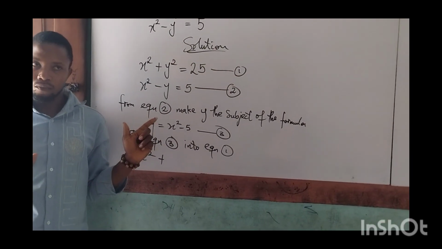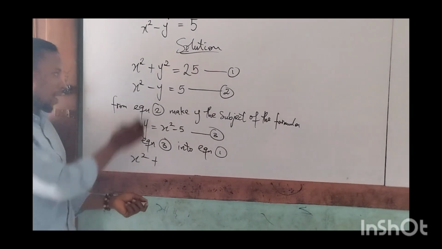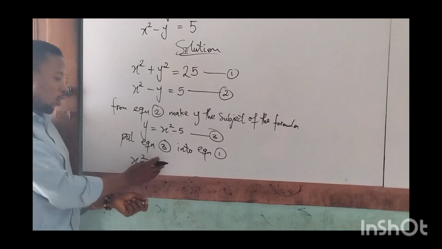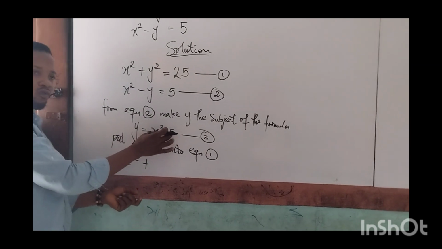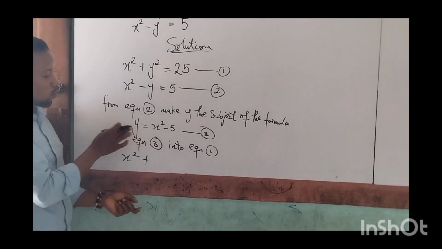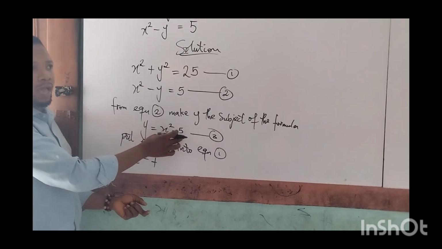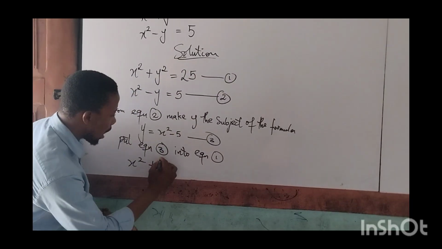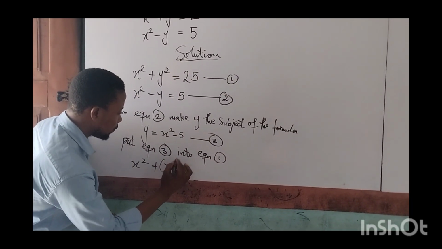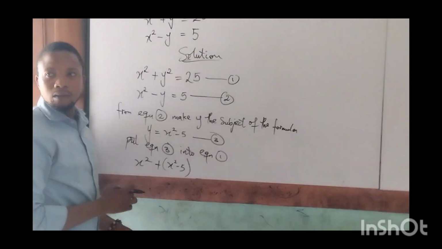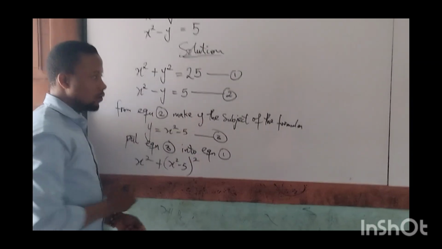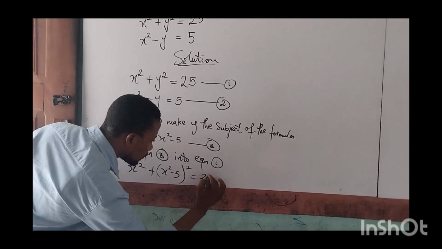It is very simple. Let's just go with it. We have our x squared in this, plus I have y squared in this place. So I'm going to put this to represent my y because y is equal to x squared minus 5. But don't forget, I have a square on y, which is this, to be equal to 25.